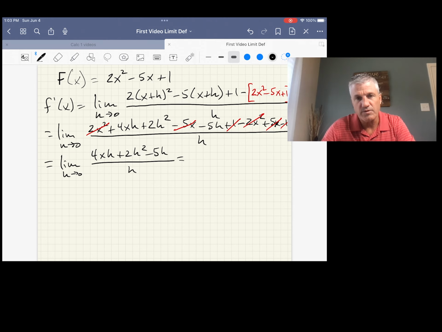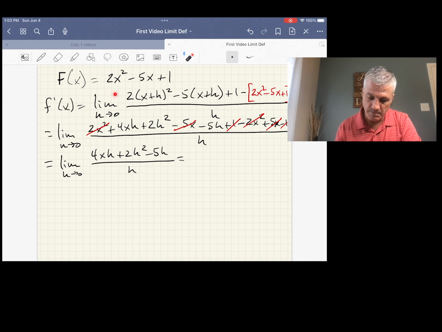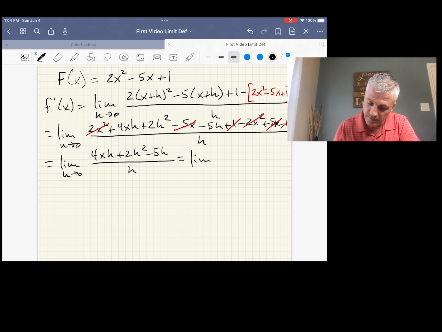But it's really important from a mathematical standpoint that we realize we started taking the limit here. So I haven't taken the limit yet, so I still have to write the limit as h goes to 0 every time, because until the last step, I don't really take the limit. So I'm going to factor out this h, and I get the limit of h times 4x plus 2h minus 5 all over h.